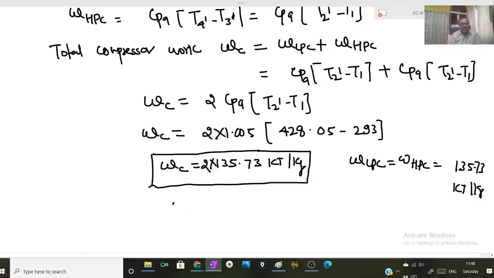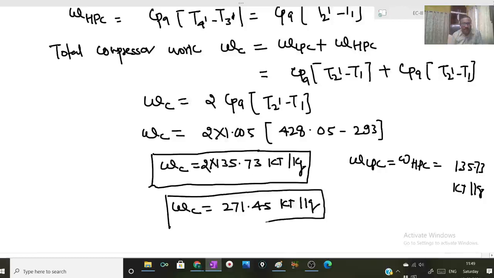So WC, that is total compressor work, will be, you are correct, how much? 271.445 kilojoule per kg. This is correct actually. Okay, thank you for correcting me.